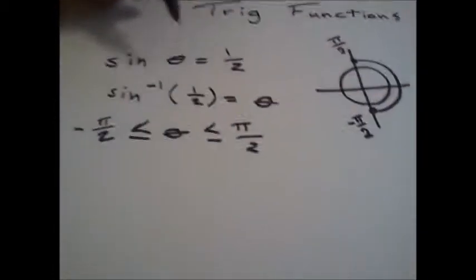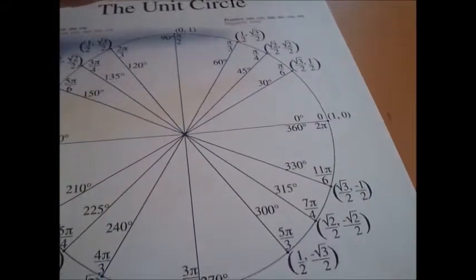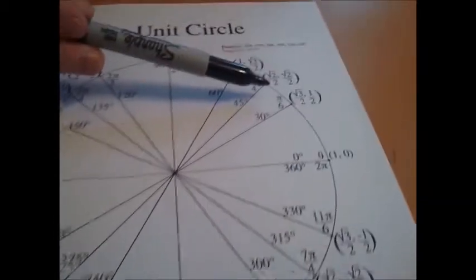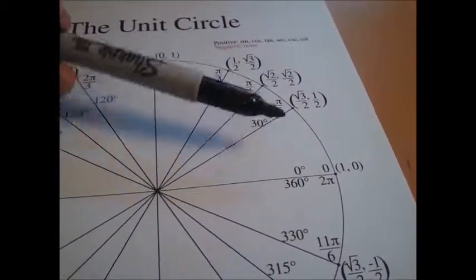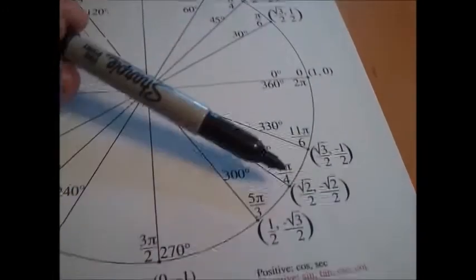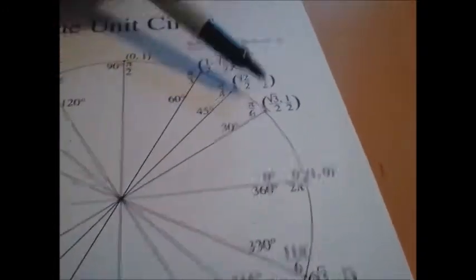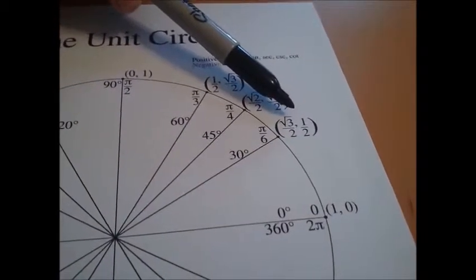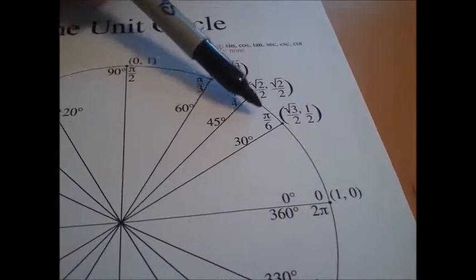So when I see this, I'm thinking, okay, let's check over here. Let's find something that is going to have a y value of 1/2. I look around, I see some negatives down here. So when y is positive, I'm going to look in the first quadrant. I see that I've got 1/2 right here for my y, that is positive.